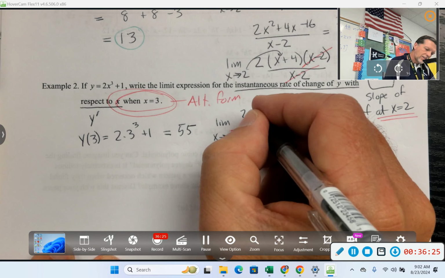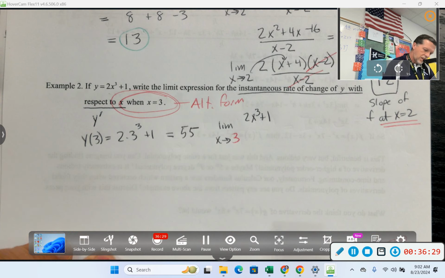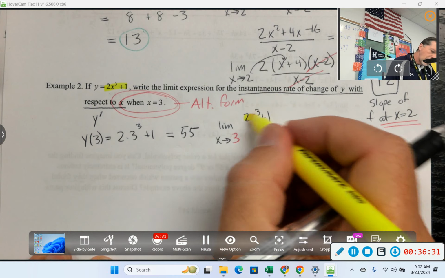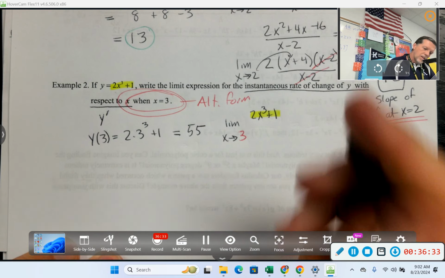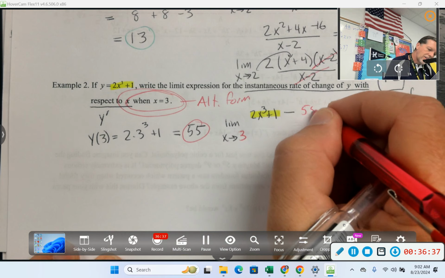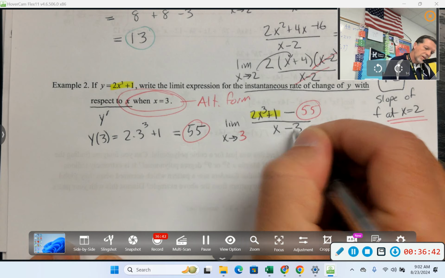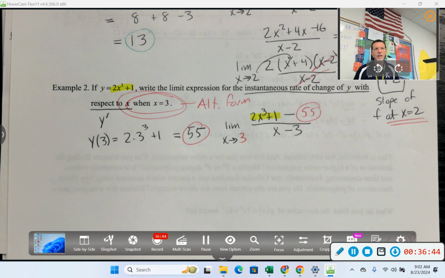F of x is 2x cubed plus 1, minus 55, all over x minus 3.